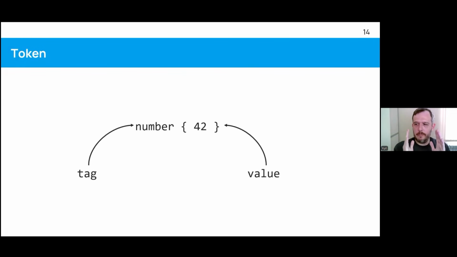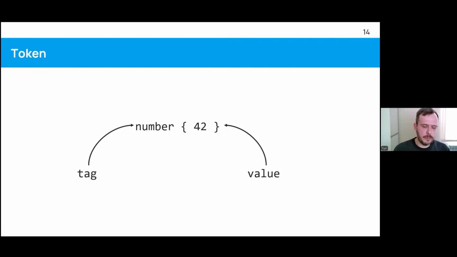So every little piece of input is a token, and a token is a value, which is a substring from the input which relates to this specific part, and this tag, a classification we assign to it.